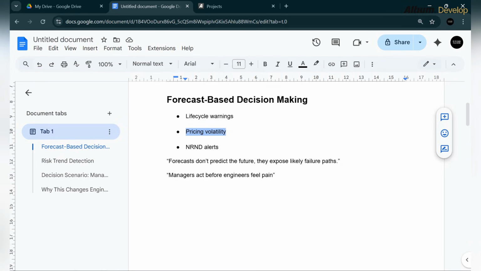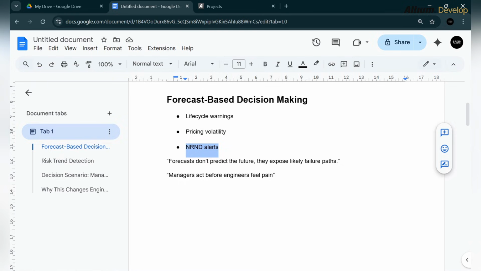It may be NRND, not recommended for new designs, or pricing volatility, which means the pricing is fluctuating. From a product point of view, if the price is too high, we remove that part and use some alternate part.